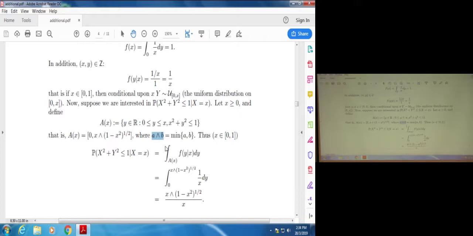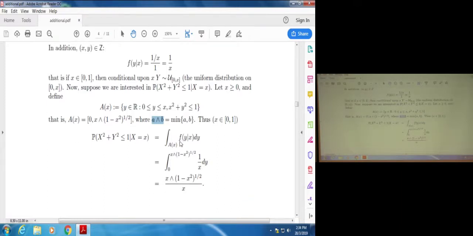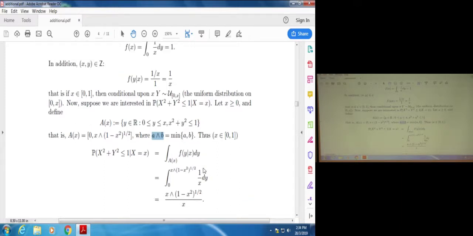So basically what we want to do is compute the probability that x squared plus y squared is less than or equal to 1 given I know x. It is the integral of the conditional density of y given x over this set. The conditional density of y given x, we know it's 1 upon x, and A(x) is the integral between 0 and the minimum of x and the square root of 1 minus x squared. You get this one, it comes from here.